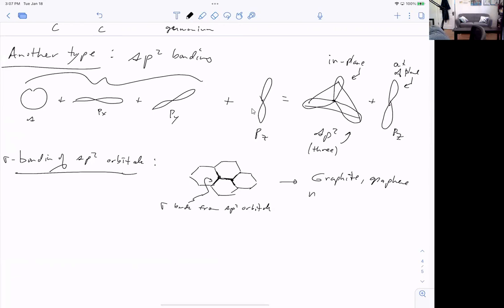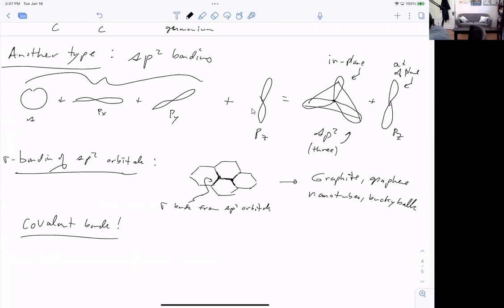And this leads to, you can get nanotubes, buckyballs, etc. So that's another kind of bonding, and these are all covalent bonds that form due to the quantum mechanics that we just described.